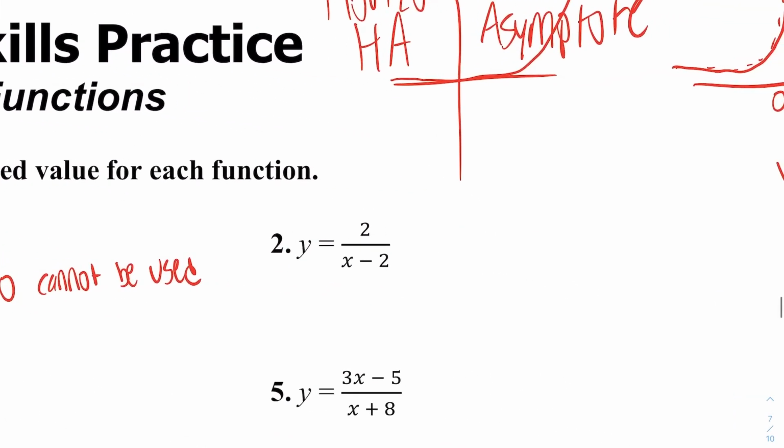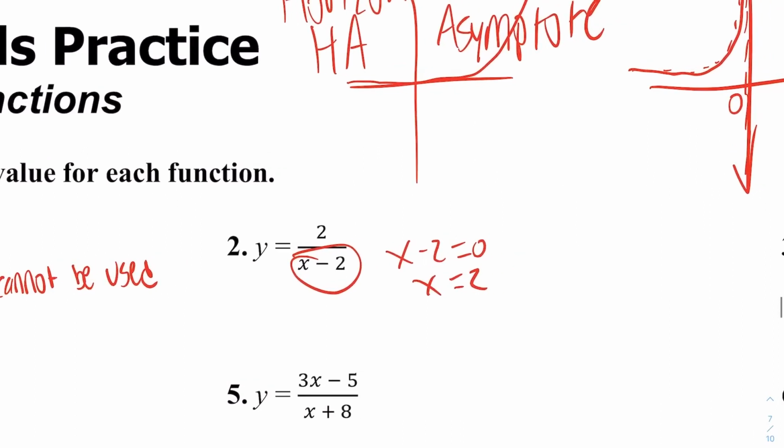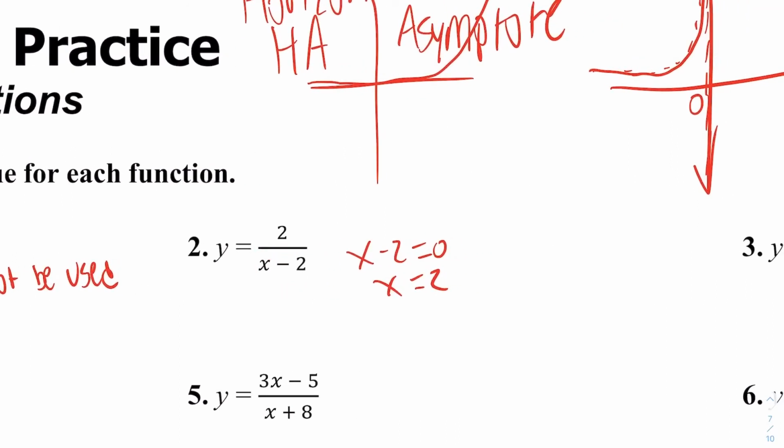If we look at number 2, we're going to take the denominator and set it equal to 0. x minus 2 equals 0. We're going to solve this for x.